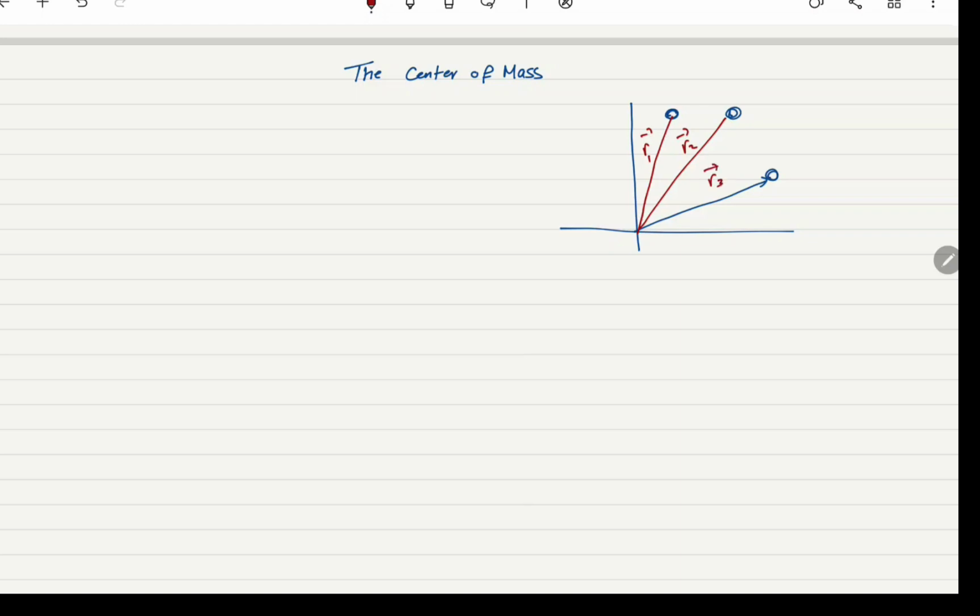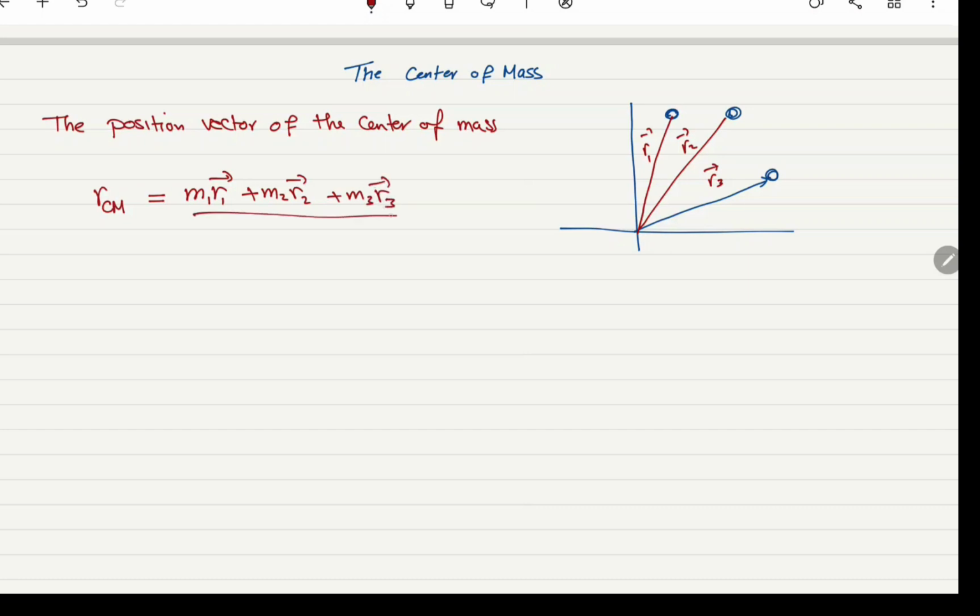Now the position vector for the center of mass is identified as R center of mass equal to M1 R1 plus M2 R2 plus M3 R3 divided by the total mass M1 plus M2 plus M3.